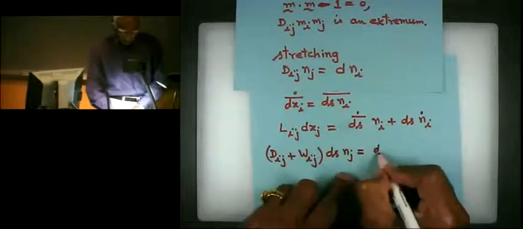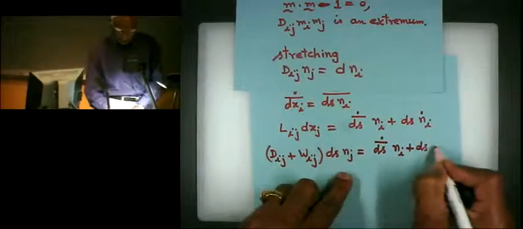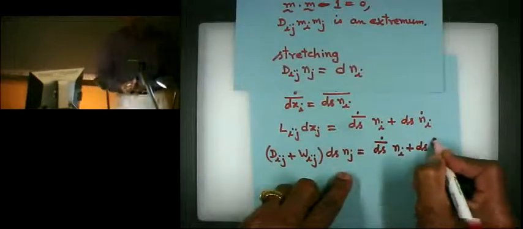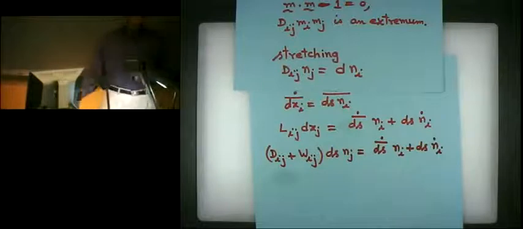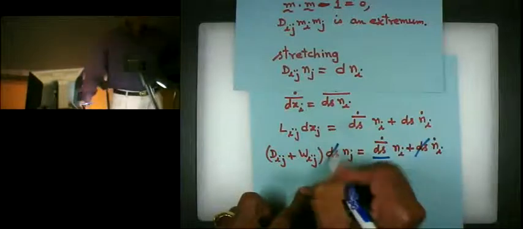So ds dot ni plus ds ni dot. Okay, so divide by ds both sides.